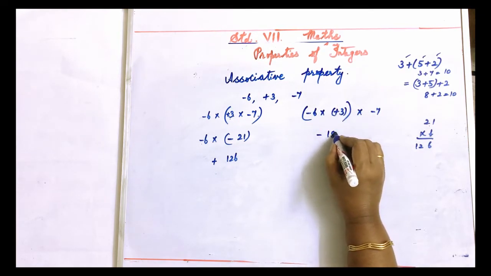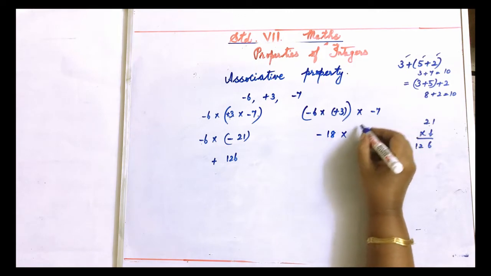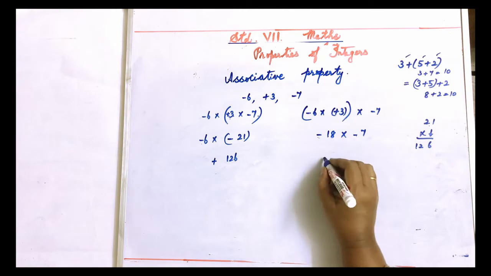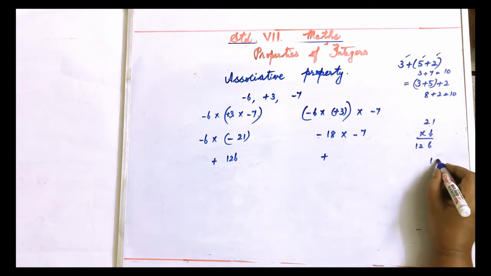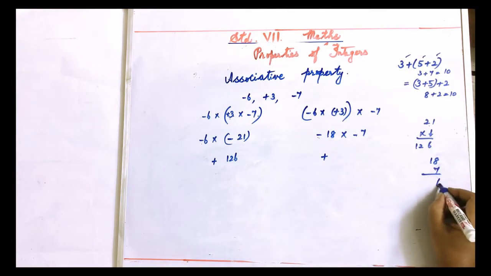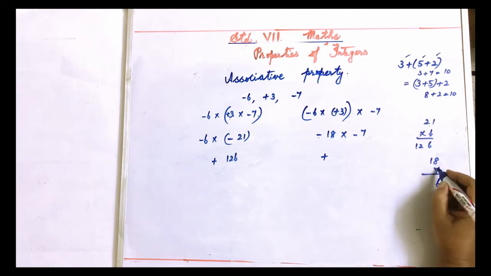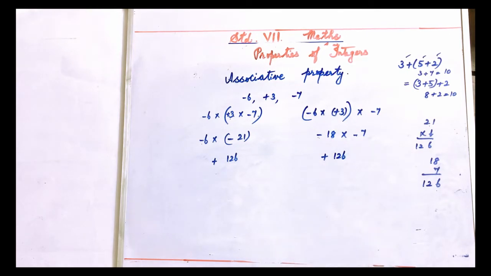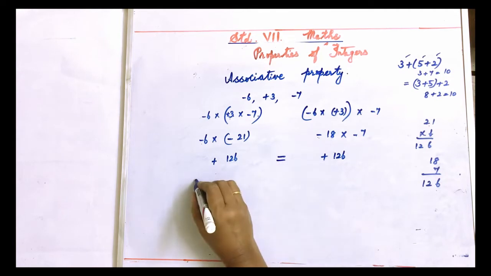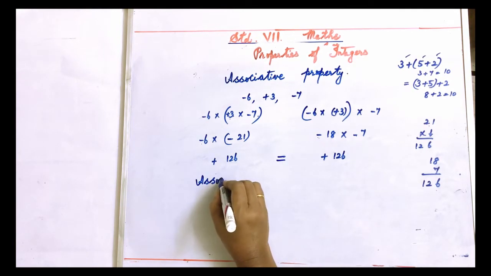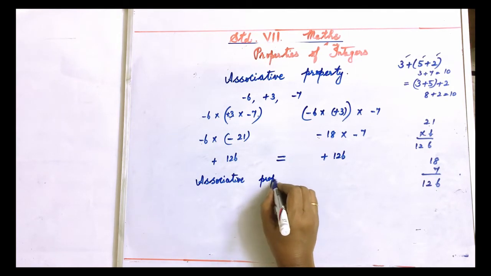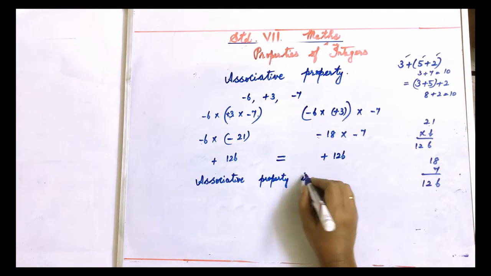Now into the third integer, minus 7. Multiply these two now. Minus into minus is plus. 18 into 7. 8 7s are 56. 5. 1 7 is 7 plus 5, 12. Now both the answers are same. That means the associative property is true for multiplication.